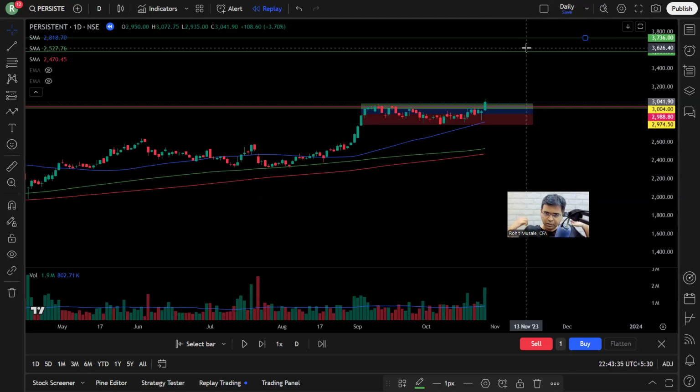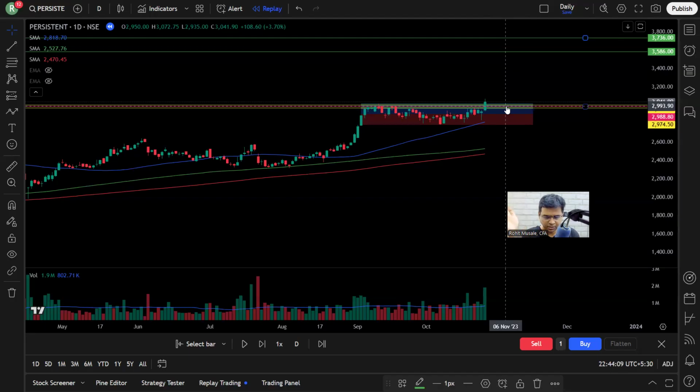Because we keep a stop loss of 8% below this pink line. So 20% means a reward to risk ratio of 2.5 over 8%. And 25% means a reward to risk ratio of more than 3, which is 3 times 8%. So you are looking at a reward to risk ratio of 2.5 to 3. Mathematically speaking, if you are trading with a reward to risk ratio of 2.5 to 1, you could be wrong 7 times out of 10 and still not get into trouble.